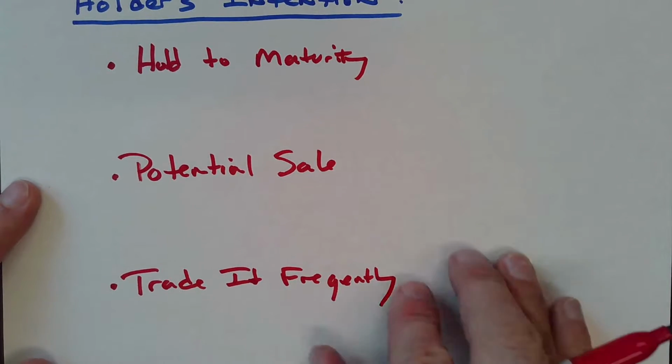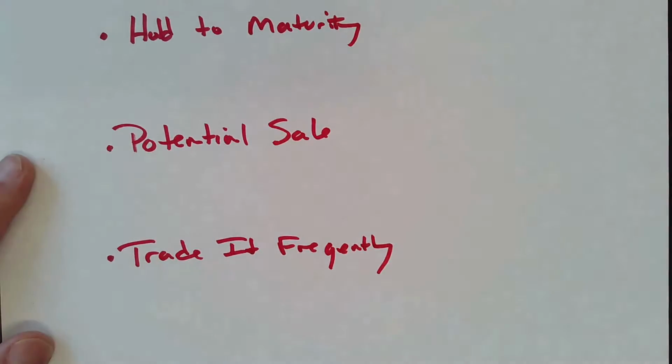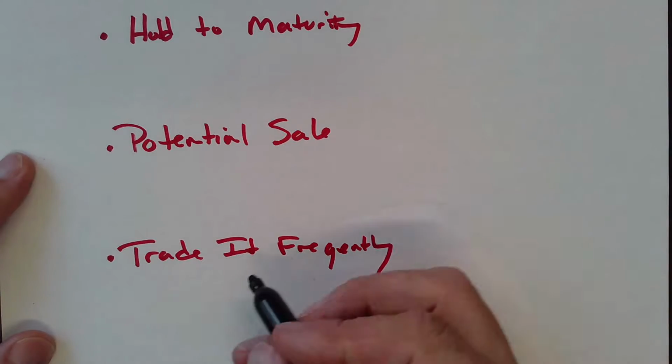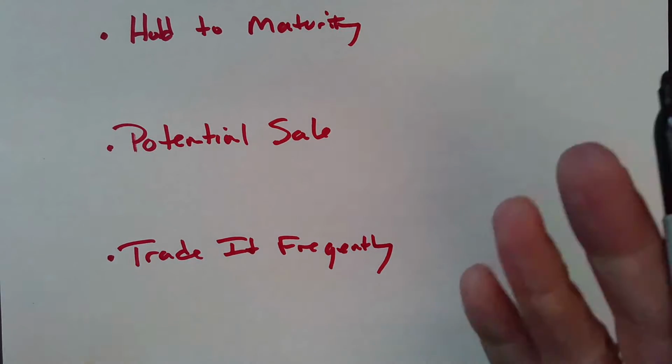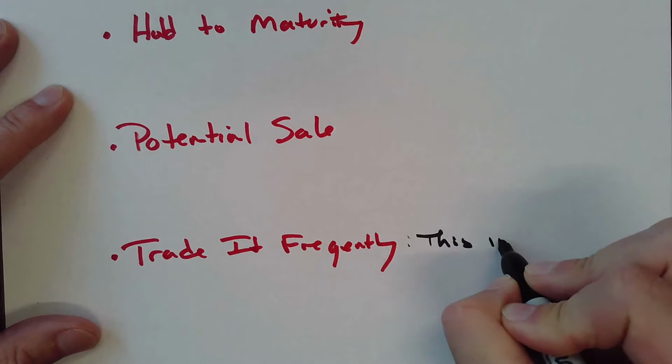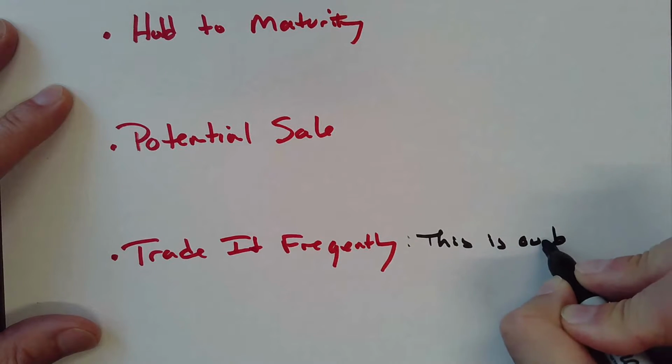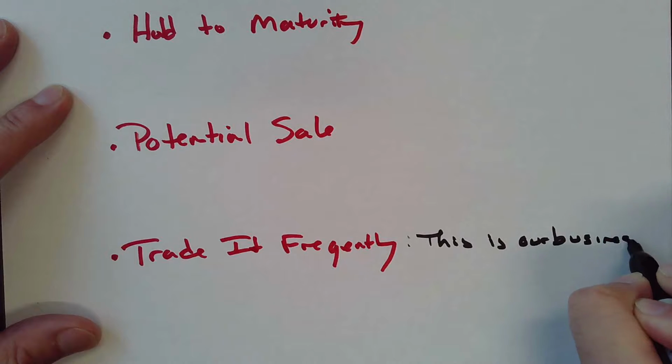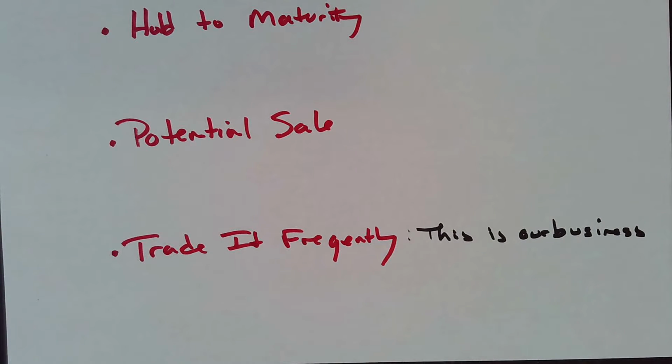So let's start at the bottom. I know it's weird. Let's start at the bottom and work our way up. If we're planning on trading it frequently, obviously this is our business. This is what we do. We buy debt, we sell it, buy, sell, right?